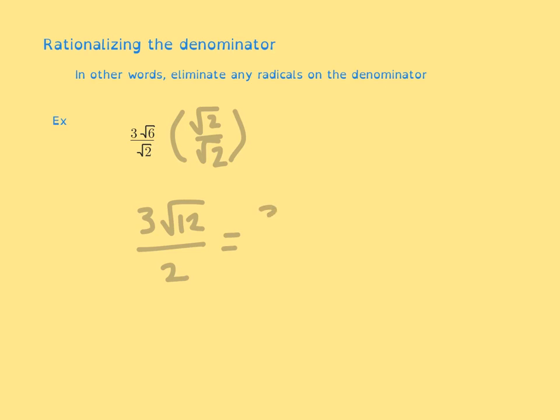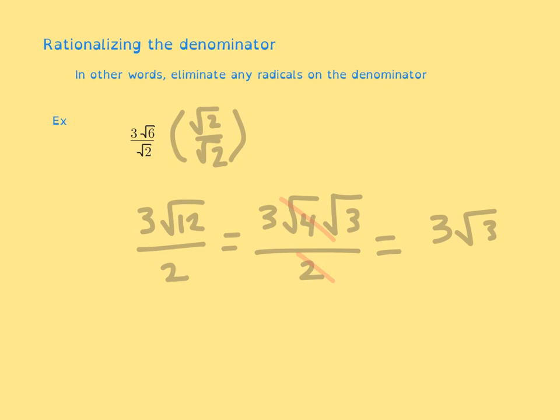There's a perfect square in there. There's a 4, root 3, over 2. And root 4 is the same as 2. And there's a 2 on the denominator, so those can kind of cancel one another out right away if you want to do it that way. And that leaves us with 3 root 3.